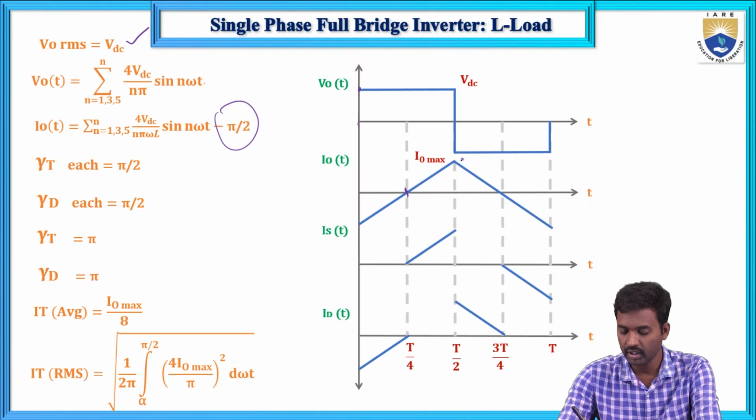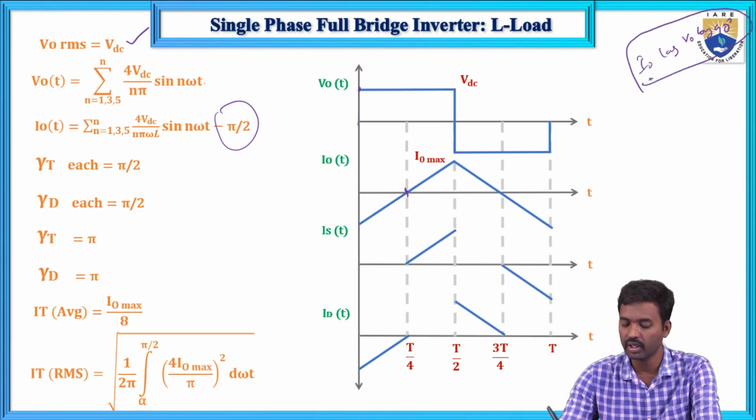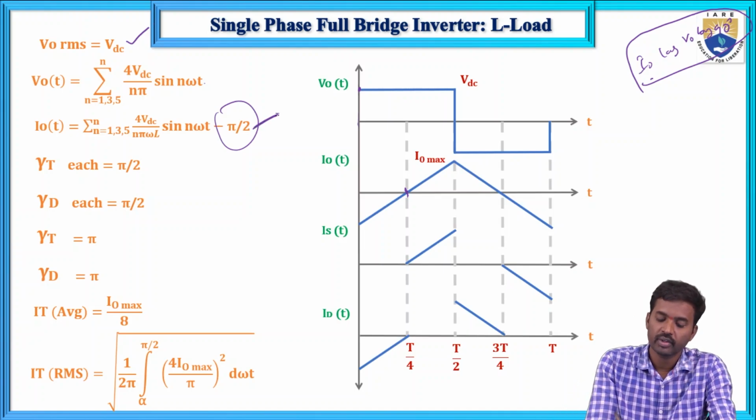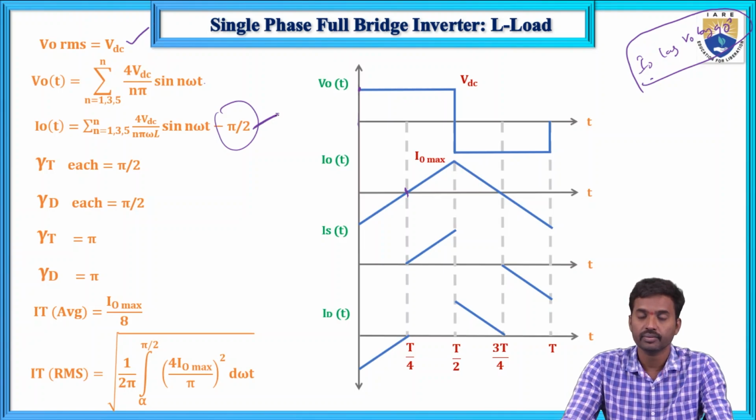If it is 2 pi, here this is pi and this is pi by 2. So here I naught lags voltage V naught by 90 degrees. This is important: the output current waveform lags the output voltage waveform by 90 degrees.